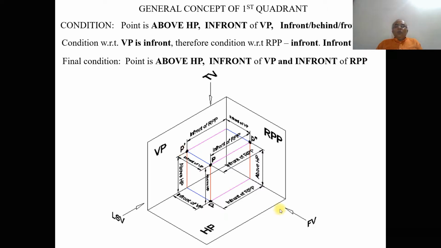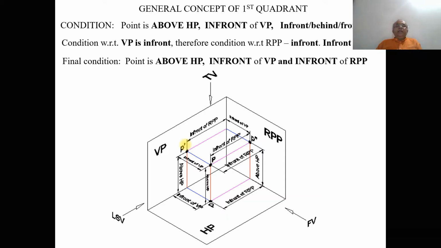Only when you look from the front view, since it is perpendicular to the vertical plane, can I see the point on the vertical plane. Since the image is on the vertical plane, it will be P dash. The front view is always denoted by P dash.